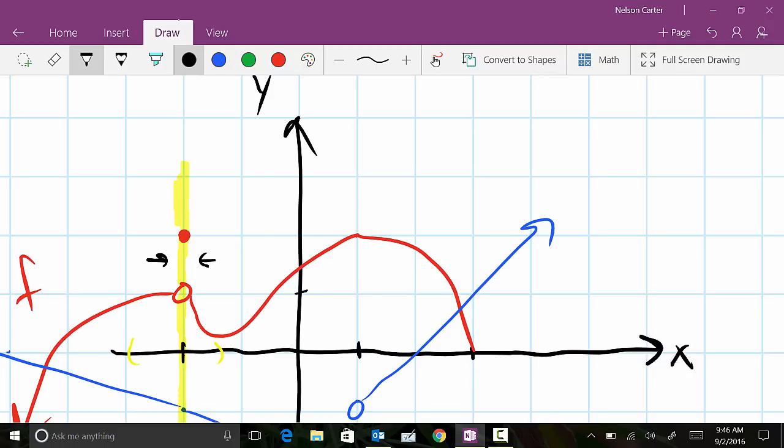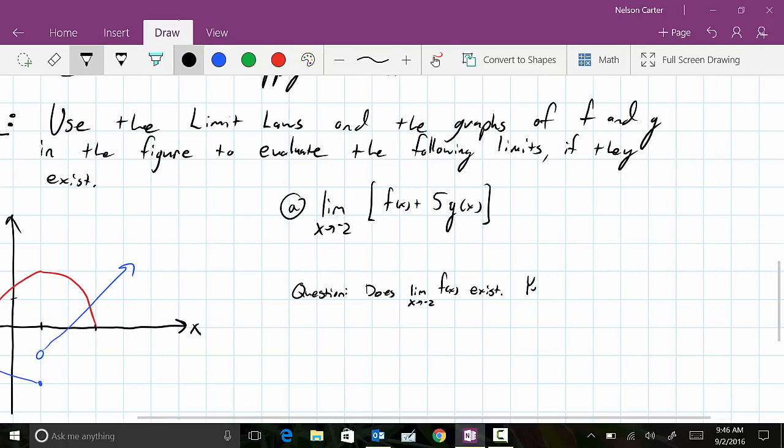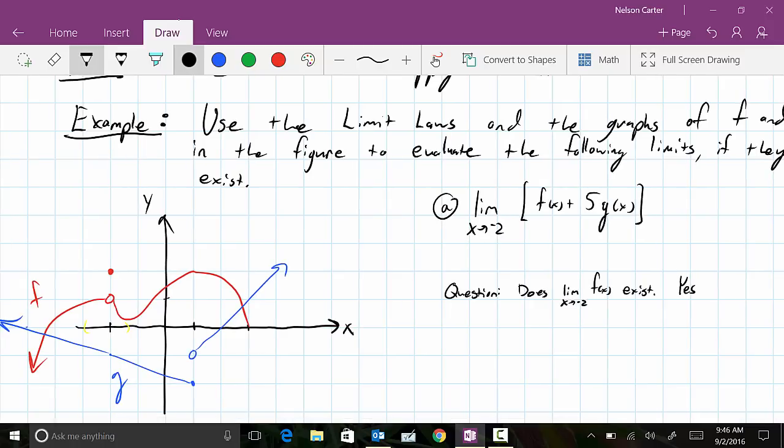Since they both agree, the limit is going to exist, and the limit's going to be 1. So that's good. Yes. The limit as x approaches -2 of f of x is equal to 1.